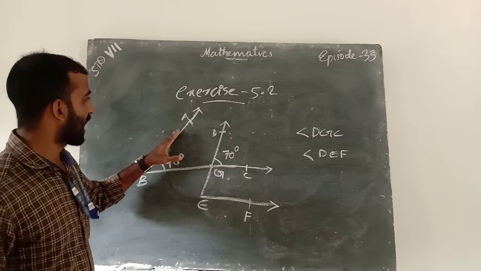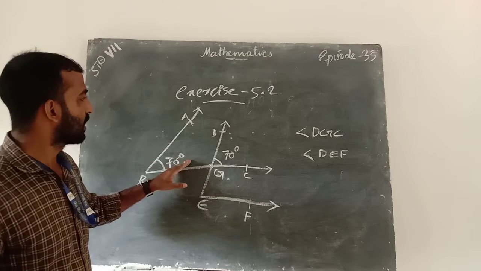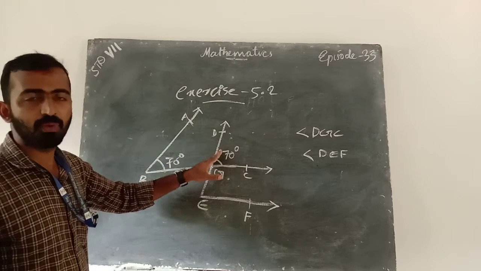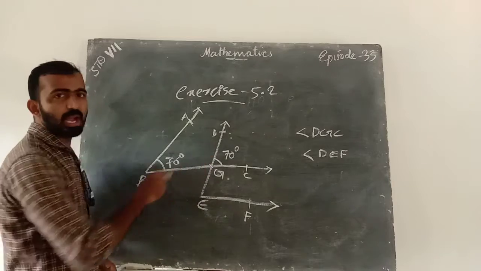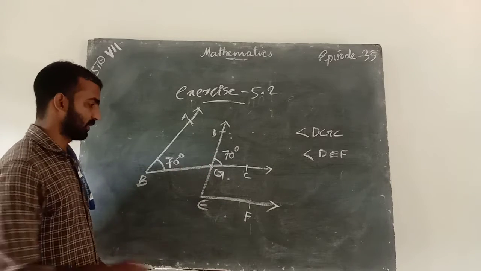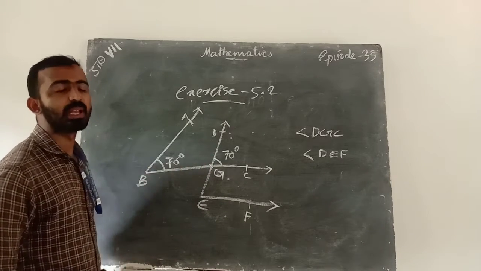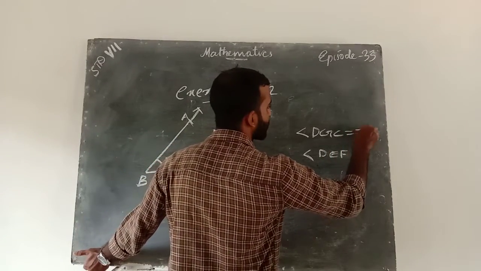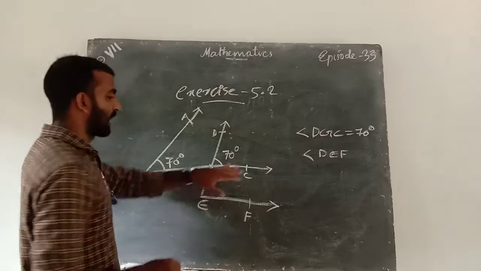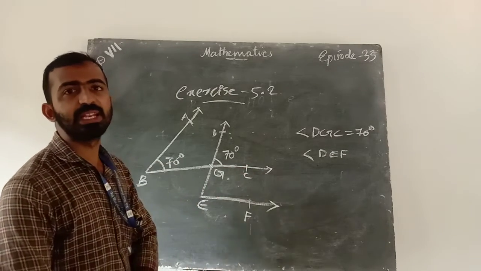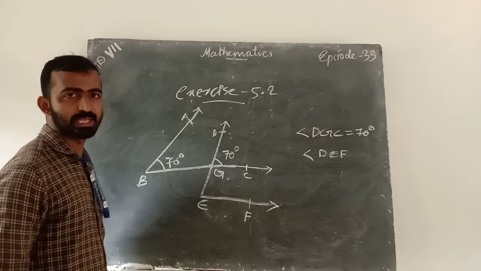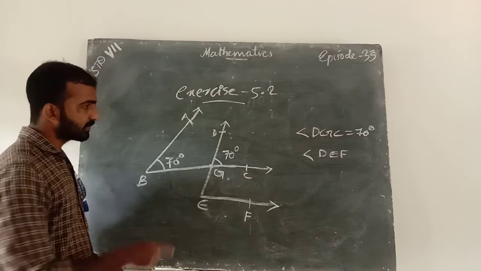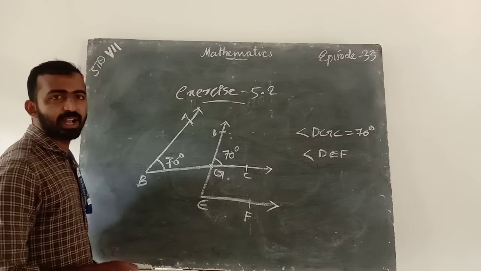This is one arm of the first angle, and this is one arm of this angle. Yes. That is, angle DGC equals 70 degrees.